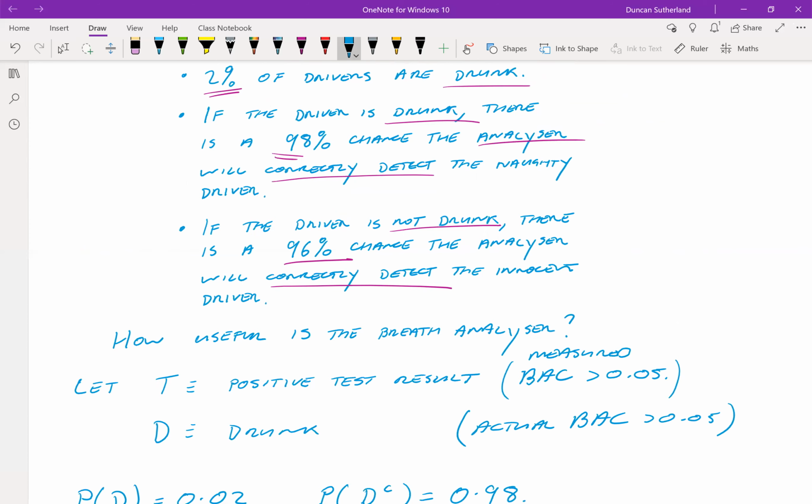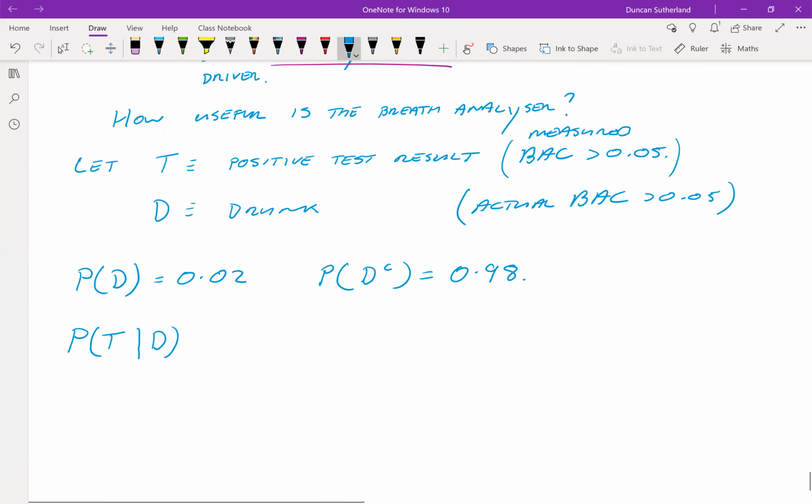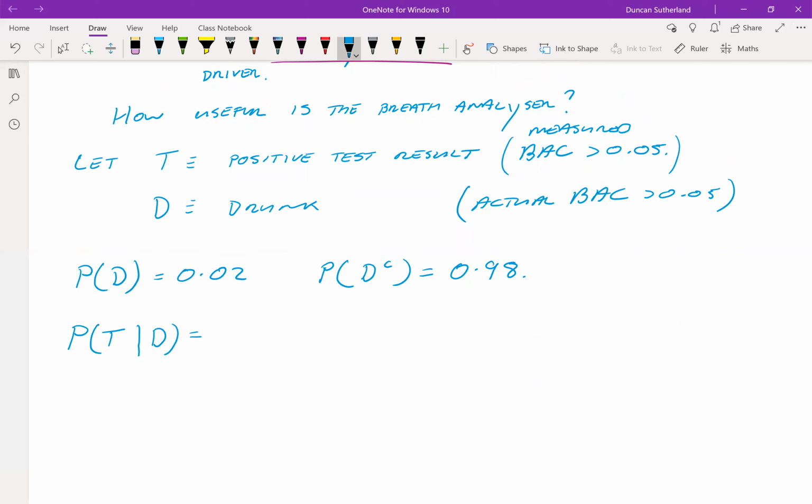It correctly detects, in this case, a positive result. So the probability of a positive test result, given that they're drunk, is 98% or 0.98.